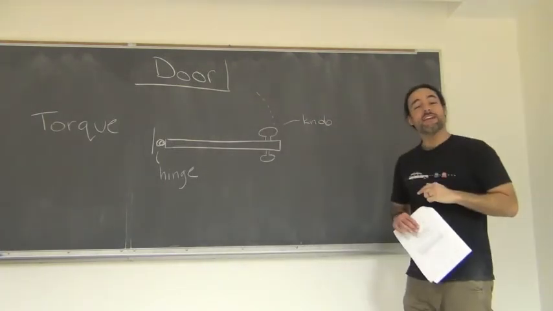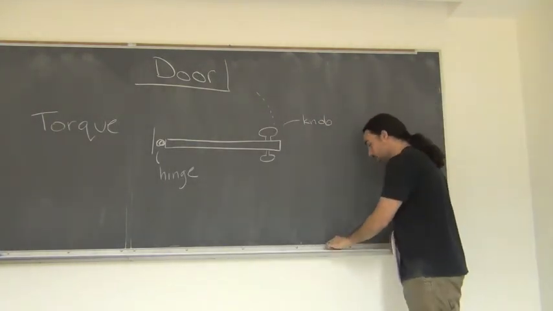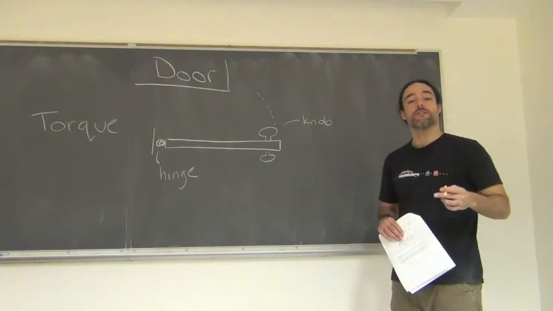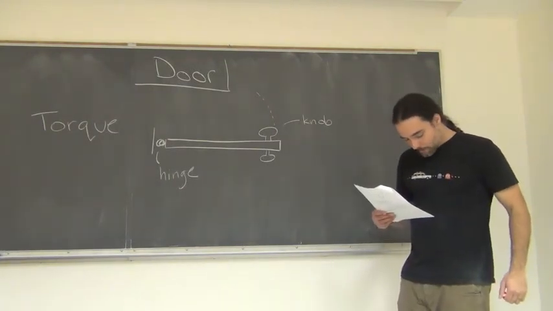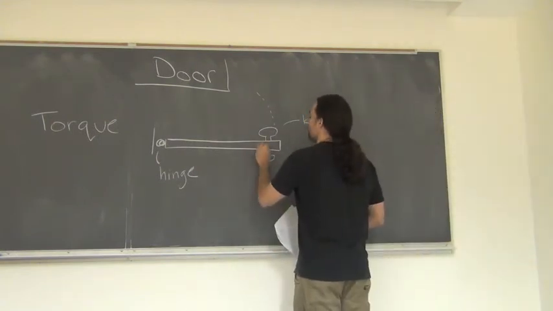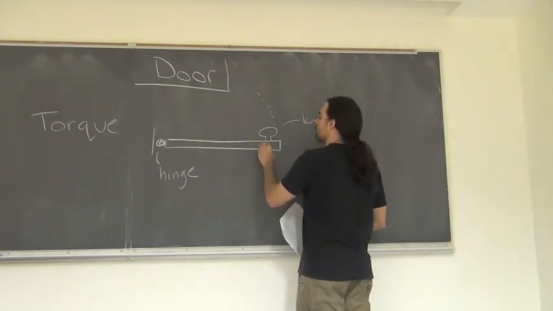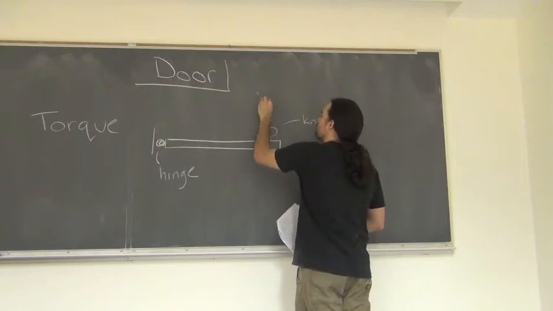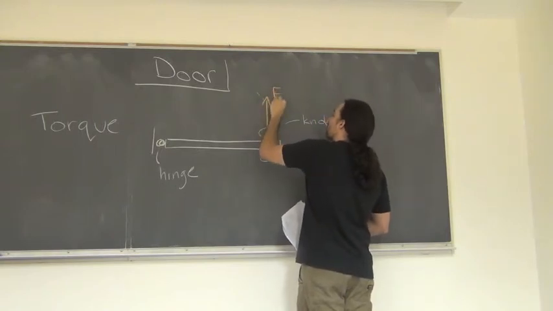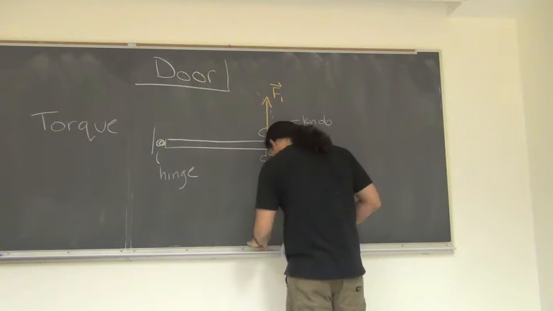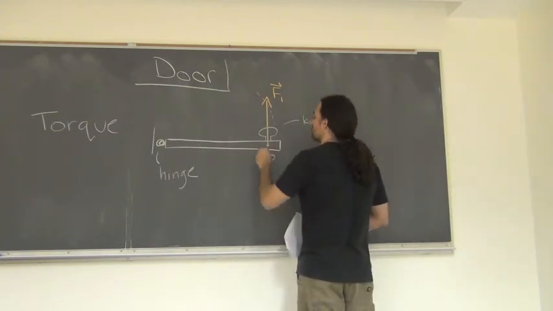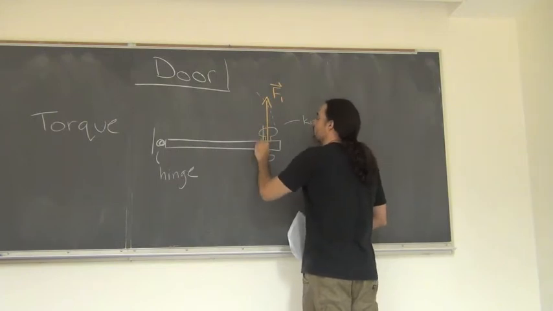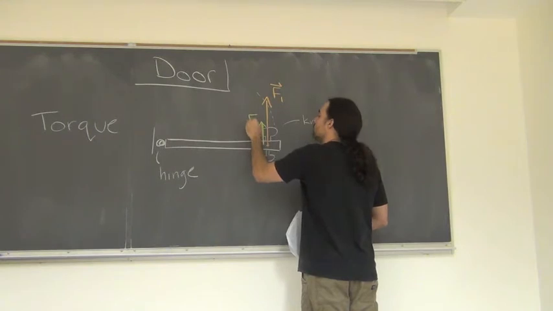Let's say I gave you a few different options for the force that you can apply to the door to get it to open. Say you applied a force right here by pushing on the door. You push down like this. I'm going to call this first one force 1. Let's say I give you another option for a force. That force is right next to it. You do that one in green. I'll call that force 2.